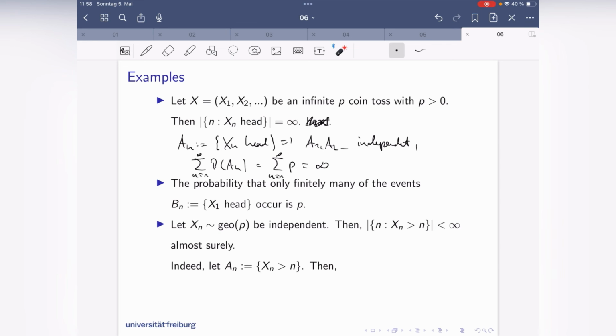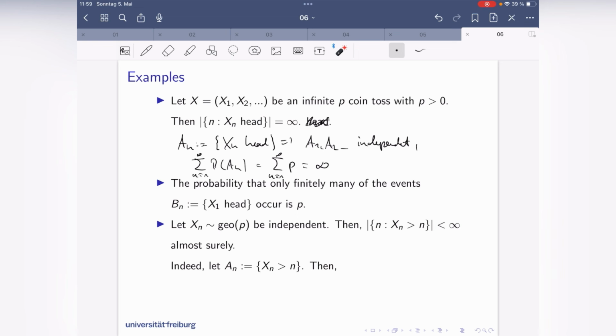You record X_1, that's how long it took for you in the first attempt, X_2, how long it took in the second attempt, X_3 in the third attempt, and so on. And you say that the nth event occurs if in the nth trial it took longer than n. So the first one, it took longer than 1, but in the 1000th attempt, it takes longer than 1000 attempts to throw a 6.